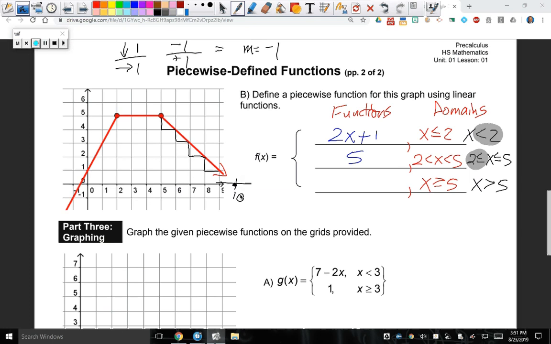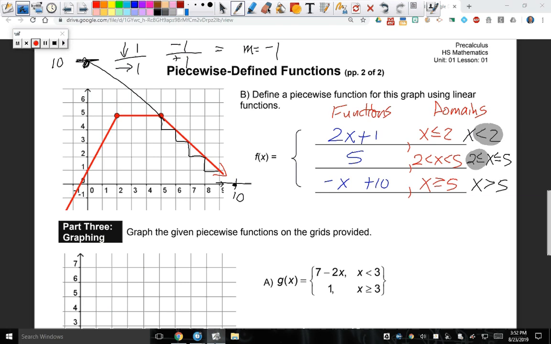It'll go all the way from 10 down to 10 because the slope is negative 1. Okay? So what this function should have been is a y-intercept at 10, but a slope of negative 1.